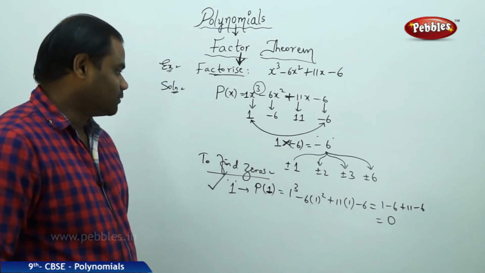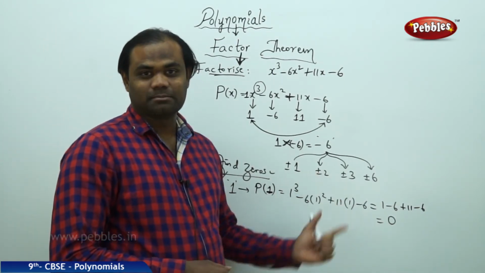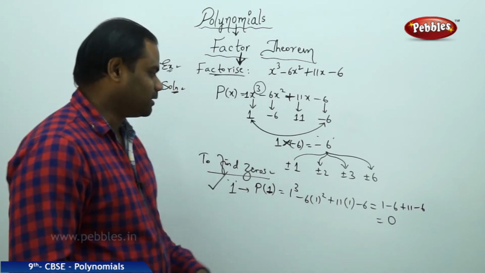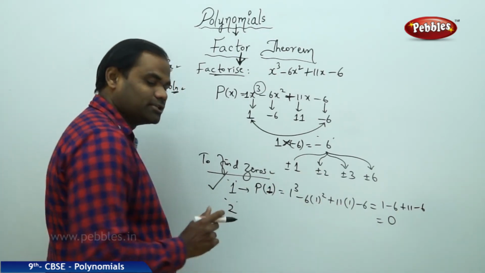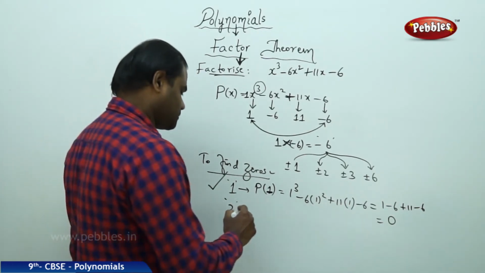Next, let's see how we can proceed further with this. Now let's try the second possible pair of factors, plus or minus 2. I pick one of the signs, plus 2, and see if that is a zero of the given polynomial p of x.